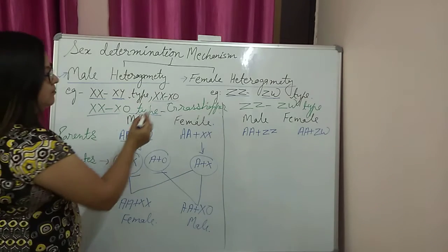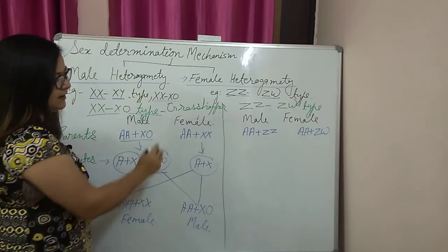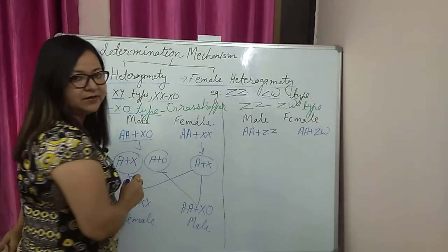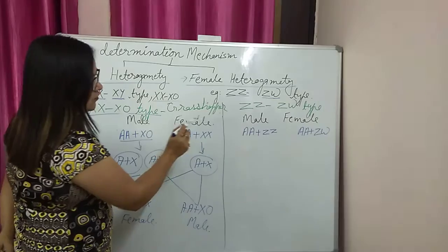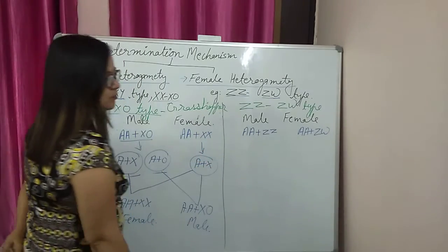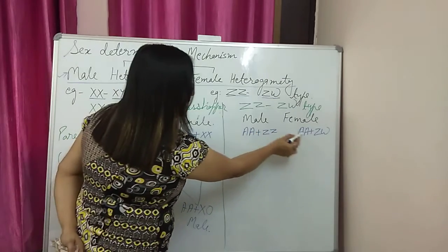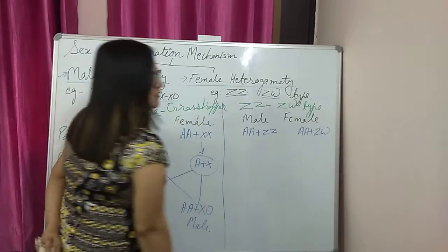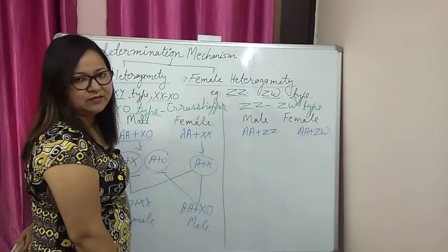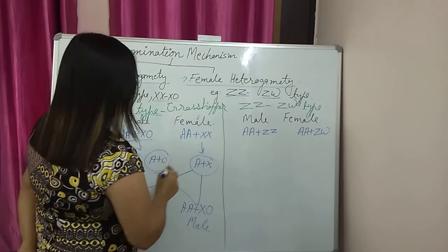Next, we come to the example of female heterogamety, which is present in birds. In birds, the male has two similar sex chromosomes represented by Z, but the female has two different sex chromosomes represented by Z and W. So this is the genotype for the parents.